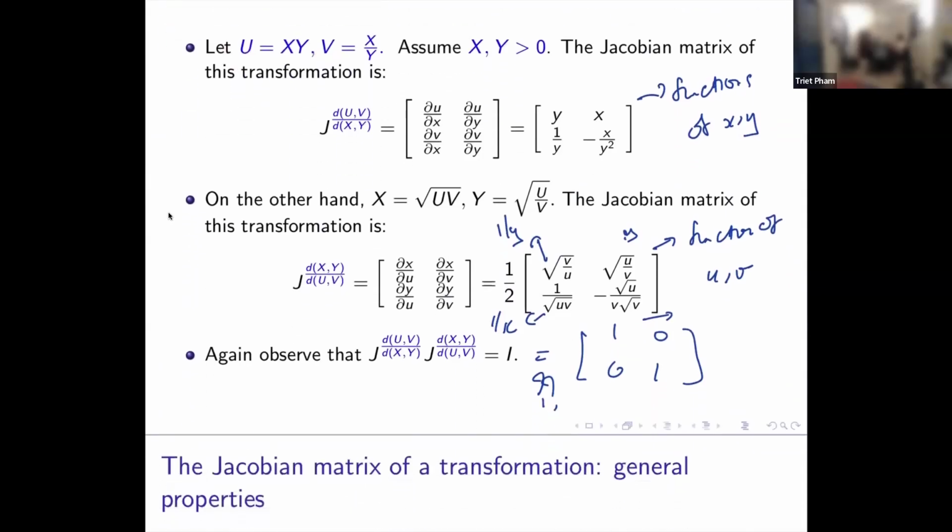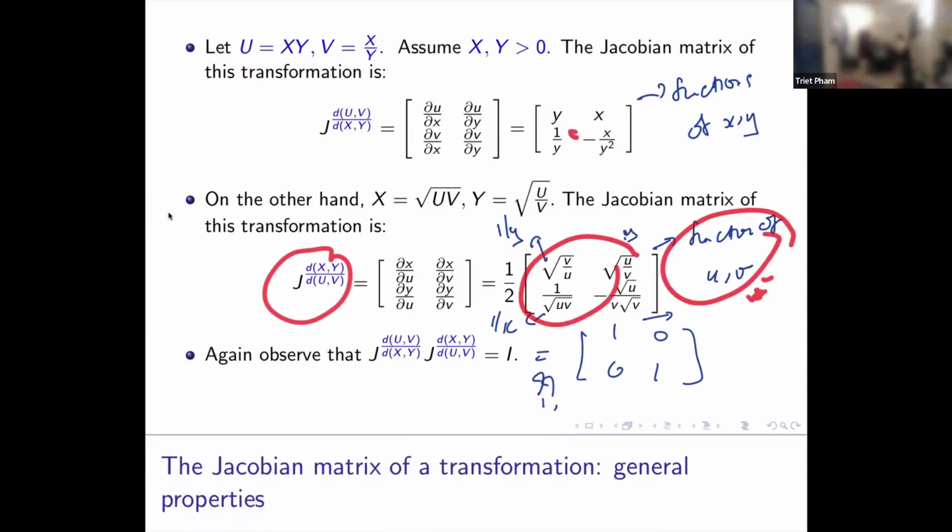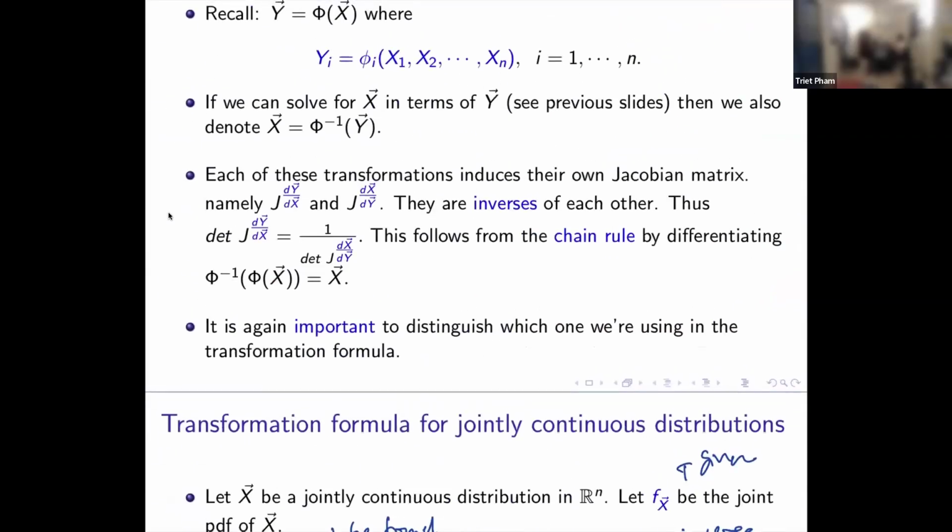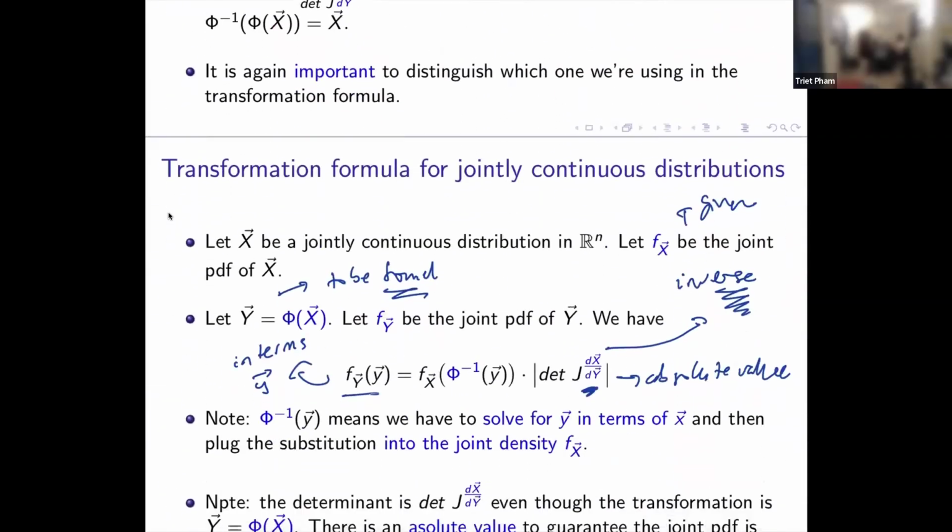And notice only the Jacobian of the inverse has the variables as a function of U and V. If you use the wrong Jacobian, you get a function in terms of X and Y. So if you get the wrong variable, you know you're working in the wrong direction to begin with. And same thing for here. You have to plug in expressions in terms of U and V, so you know you have to use the inverse function anyway. Any question about this result?